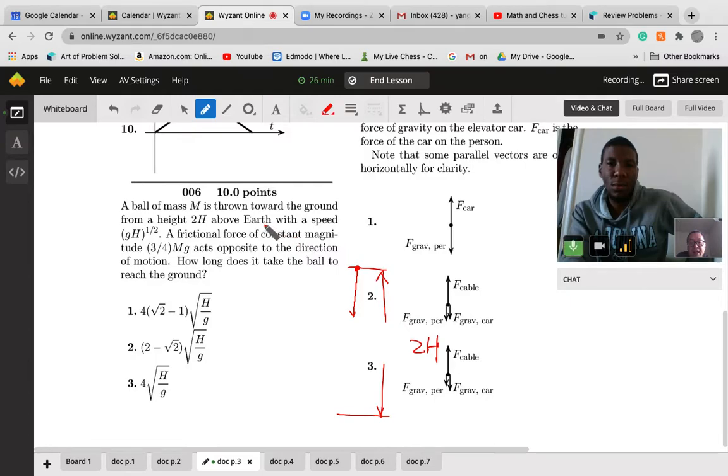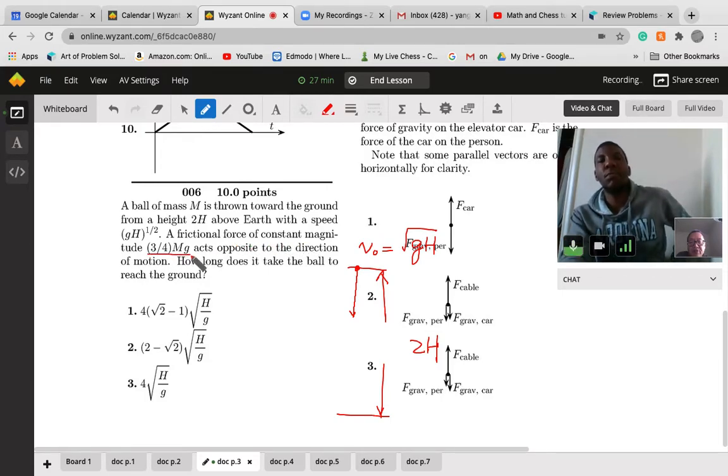Then they said, with this one at the beginning, velocity equals square root of gh, right? This power 1/2, that's square root. Then they said frictional force of constant magnitude equals this.